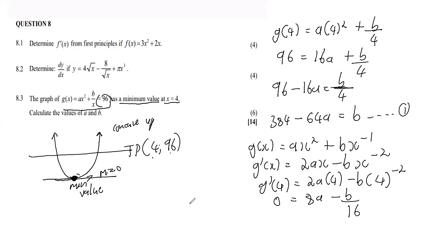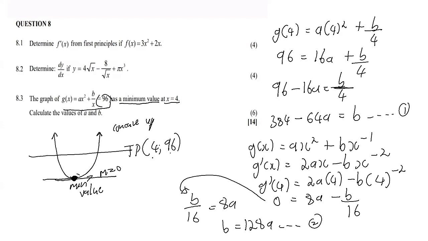So that's b over 16 is equals to 8a. So if we cross multiply this, the b will be equals to 16 times 8, that's 128a. So we can call this equation number 2.